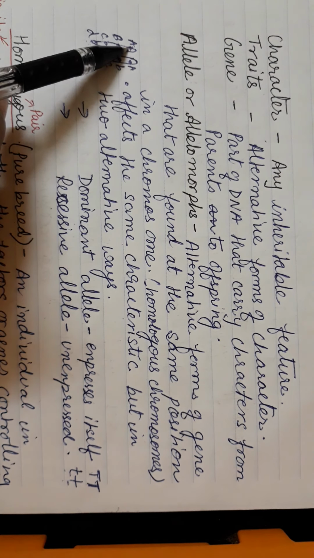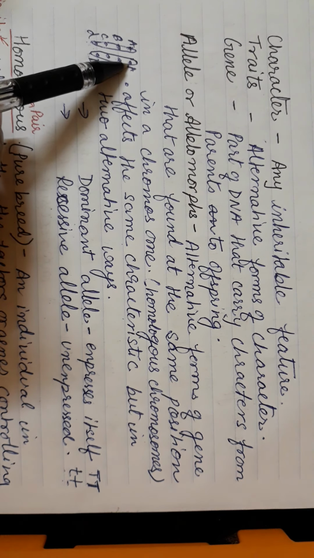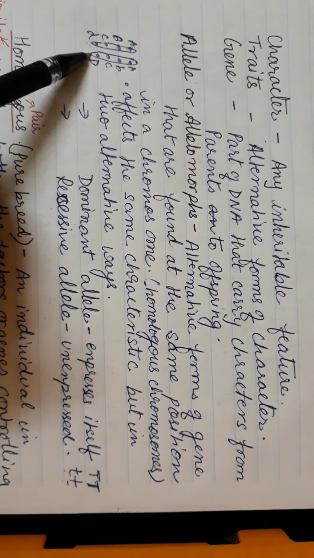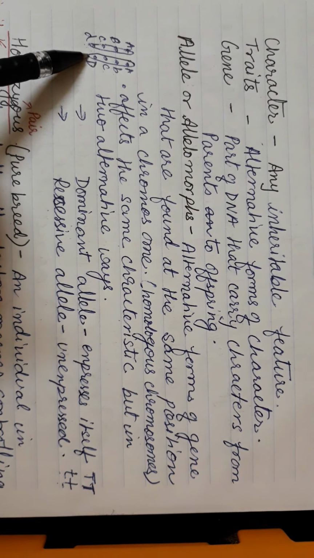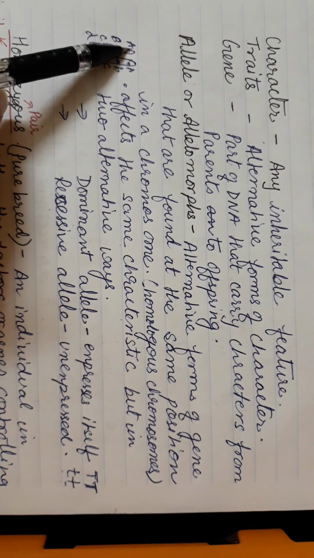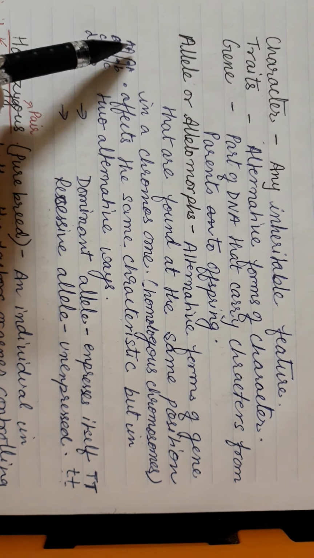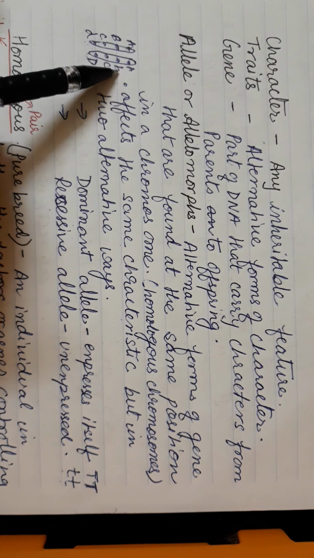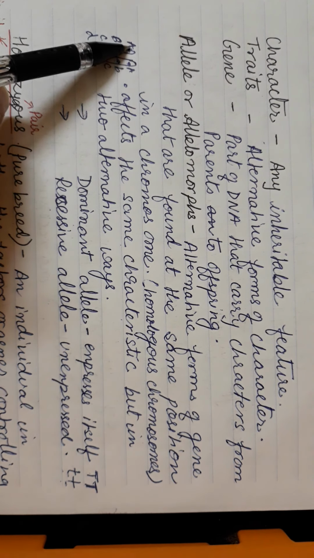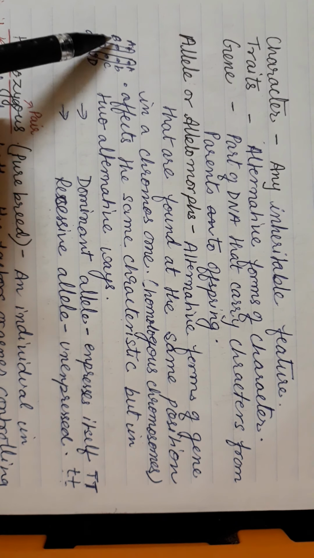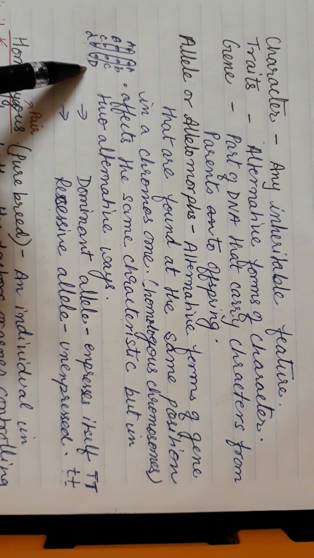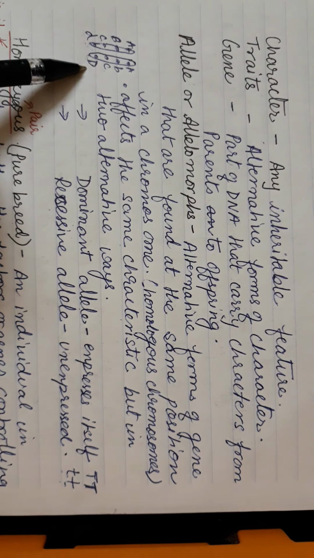The same chromosome coming from the other partner will also carry those alternative forms of genes. These can be written as a capital letter and a small letter. So it can have a pair, like here I have written capital A, capital B, small b, small c, small d, capital D. Why is it written here?